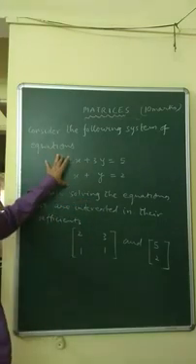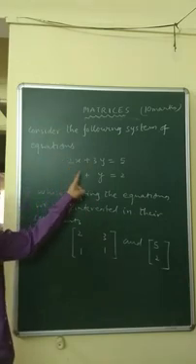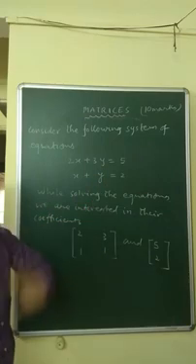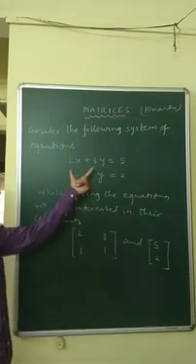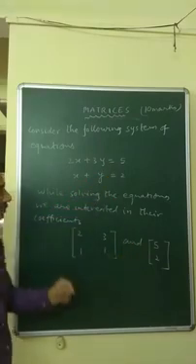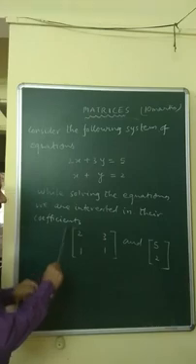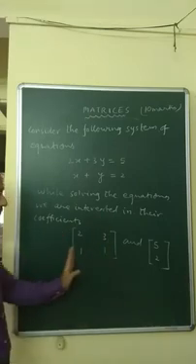In these equations, we are more interested in the coefficients of x and y and the constants 5 and 2. So if you write only the coefficients of x and y and the constants 5 and 2, then these numbers can be written in brackets in this form.